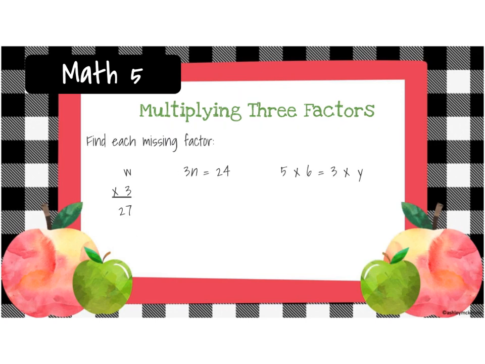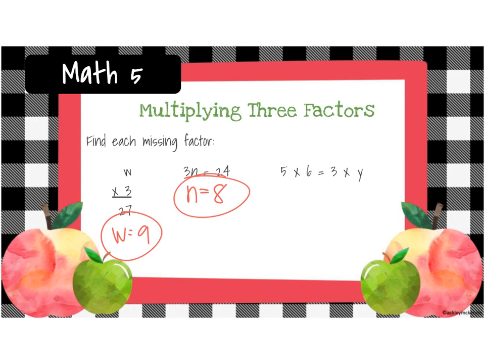All right, so find each missing factor. We have w times 3. What times 3 equals 27? 9. So w equals 9. Fastest way, know your facts. 3 times what equals 24? 8.